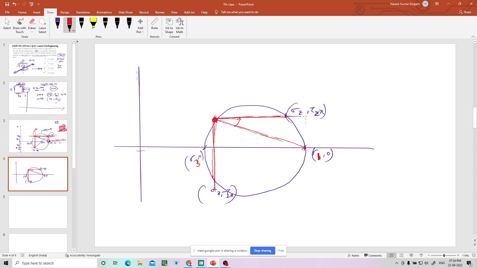I am connecting these two so that I can form a triangle. Let us say this one is M and this one is P and this one is O, this point. So there is a triangle MPO, right?